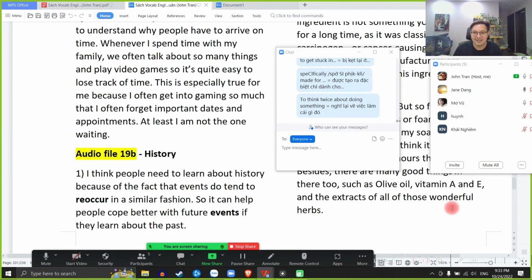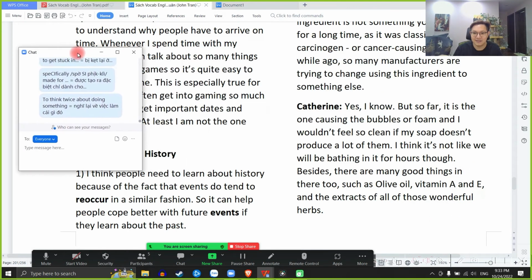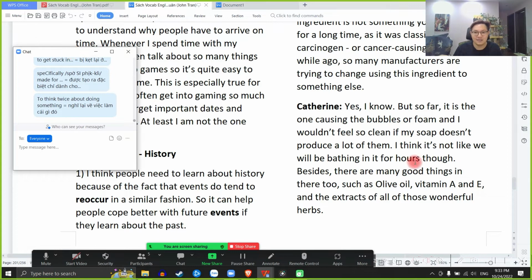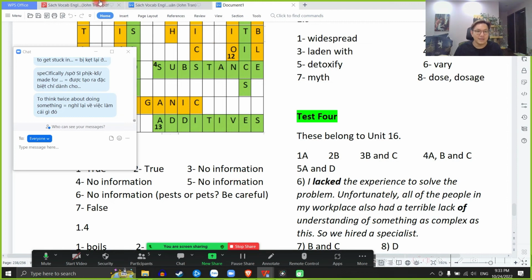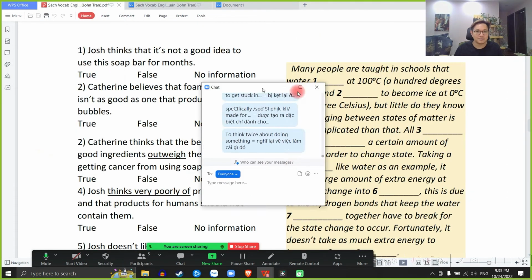Because Catherine said there are many good things in there too, but there's no information whether she says something outweighs the others, right? So basically, this one is no information. Very good.